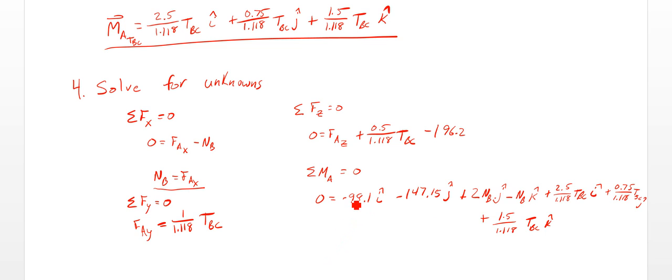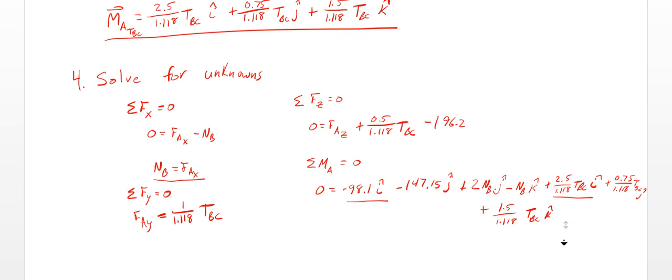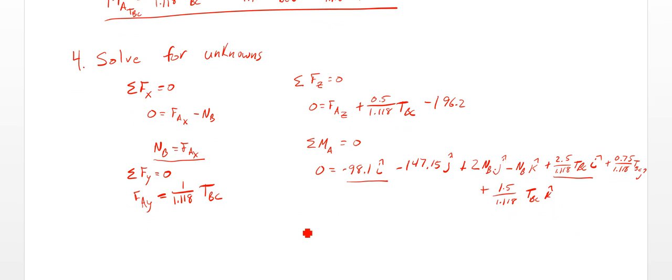Actually, let's first, I can do that, and then when I solve for the y. So let's look at the I component. So we have this as an I component. This is J, J, K. Here's another I, J, and K. So we can just use our I components. Those two have to add up to 0.